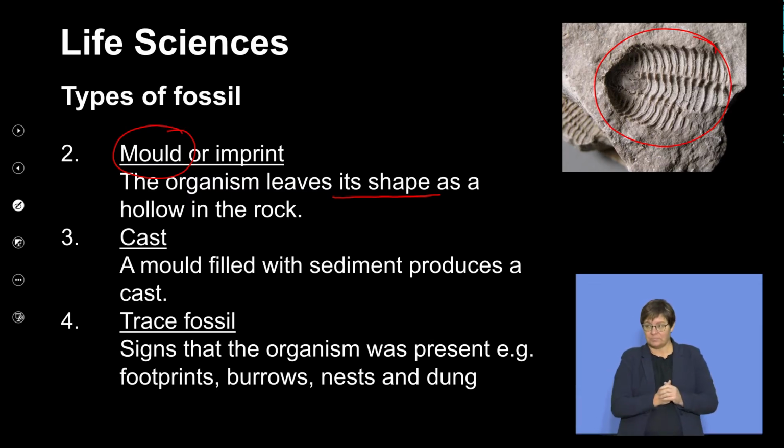Then, if that hollow gets filled with sediment, a cast is produced, which has the outer shape, but none of the inner structure. And the last type of fossil is the traces that animals leave behind, things like footprints, burrows, and their droppings.